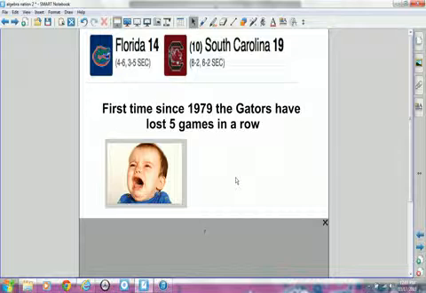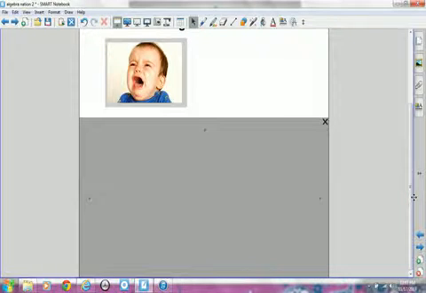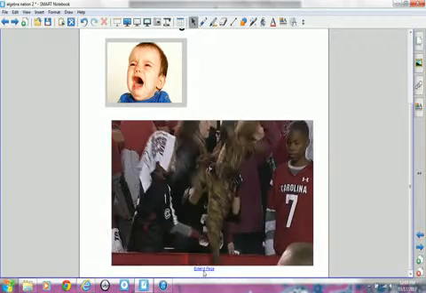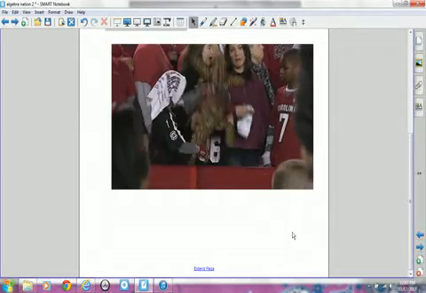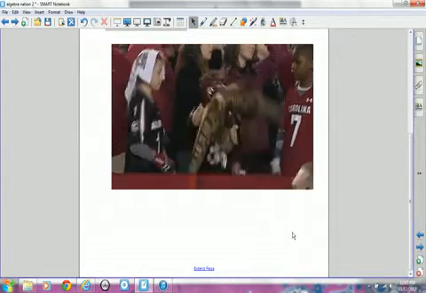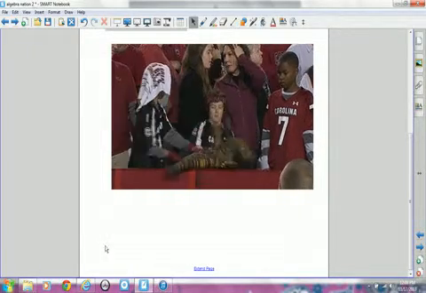Gator Nation, rest in peace. By the way, if you're a Gator fan, viewer discretion advised. You might need parental permission for what I'm about to show you. We have a South Carolina fan just taking it to the Gators. Yeah, buddy. Get her done.